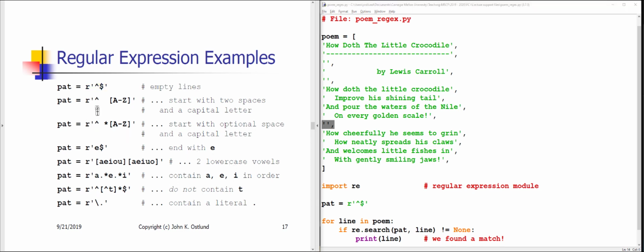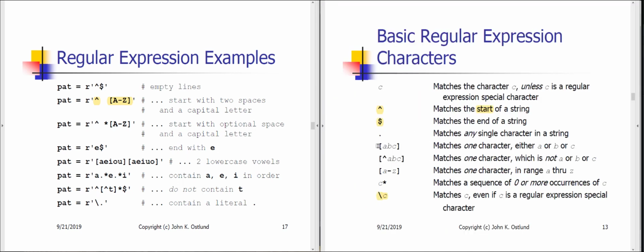In the next pattern, this caret symbol here is followed by 2 spaces, which I'm not able to highlight. And following the 2 spaces, I'm using square brackets. Square brackets means to match one character, which is one of the characters contained within the square brackets. And within the square brackets, I can use a dash as a shorthand for a range of characters if those characters are sequential in the ASCII character set.